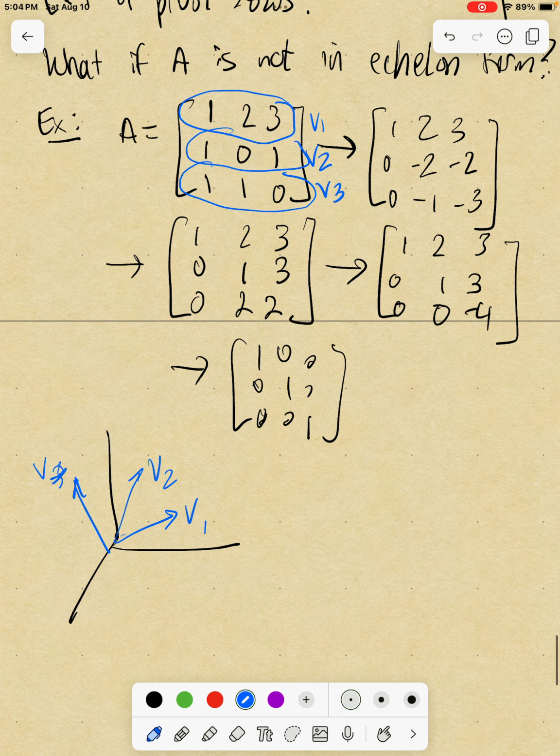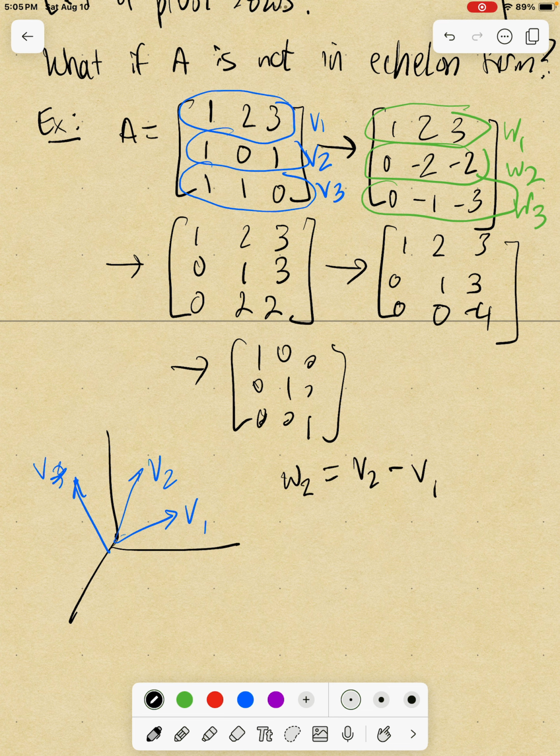Now let's compare this with these three rows. Let's call this W1, W2, W3. Now notice that when you did the row reduction, what did we do? We did W2 is V2 minus V1, and W3 is V3 minus V1, and W1 is just V1.